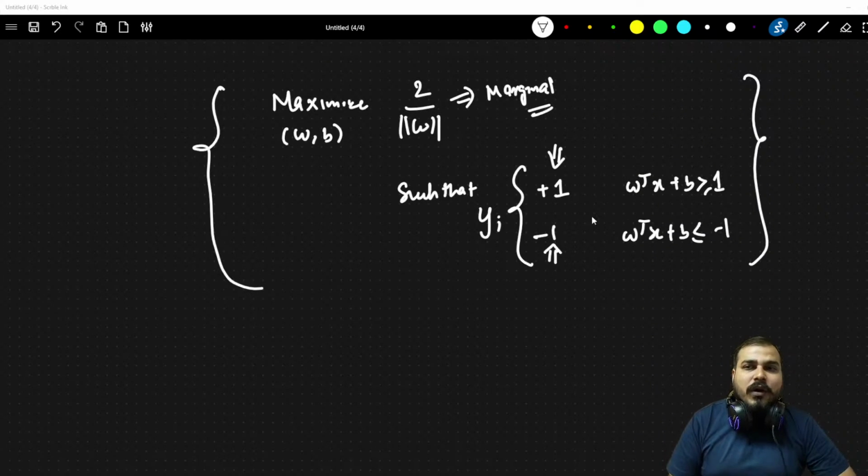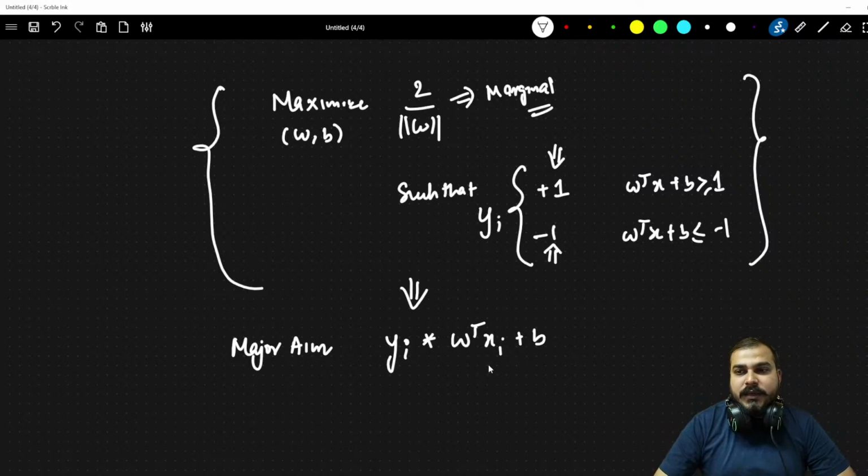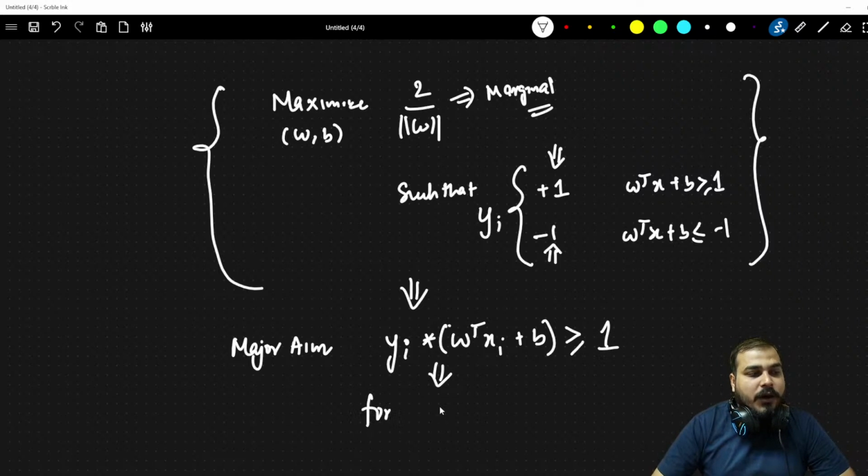Now, on top of it, we can add one more very important point. Instead of writing "such that" and all, you can also say that our major aim is that if I multiply yi by W transpose X of i plus B, this will always be greater than or equal to 1 for correct points.